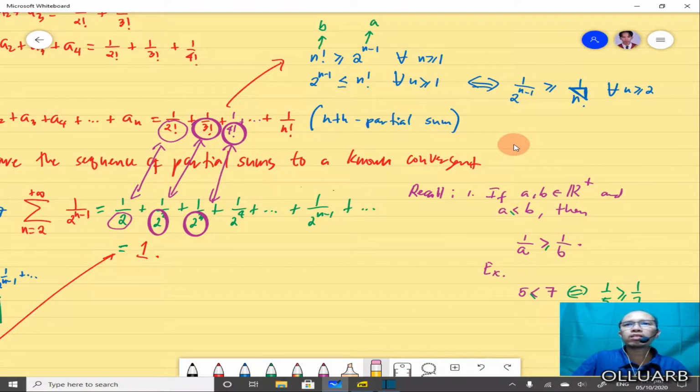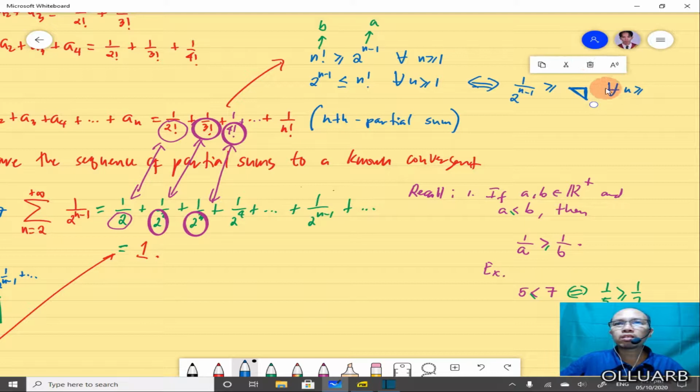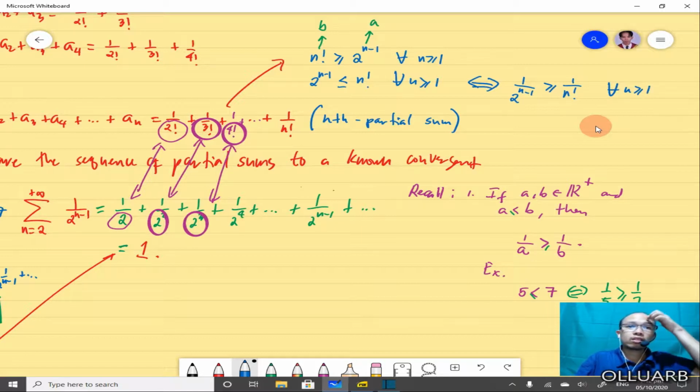Okay, so let's erase this one and erase also this one. Okay, then let's delete this. This is 1 over n factorial. Anyway, so it covers all the terms when you have n greater than or equal to 1.